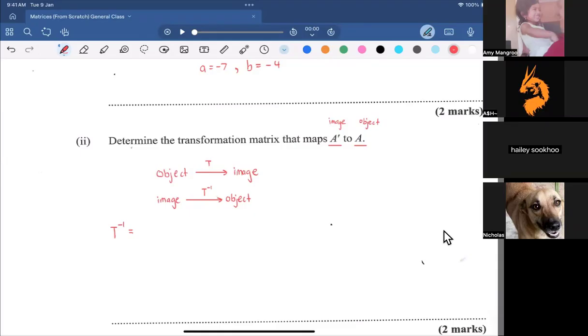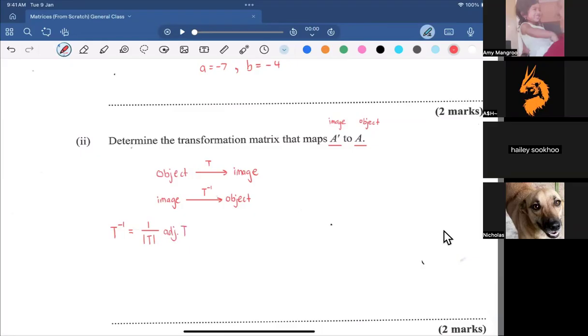Haley, you want to remind Sasha what's the formula for T inverse? It's 1 over the determinant of T, right? Adjoint T. Adjoint T, yeah, sorry.